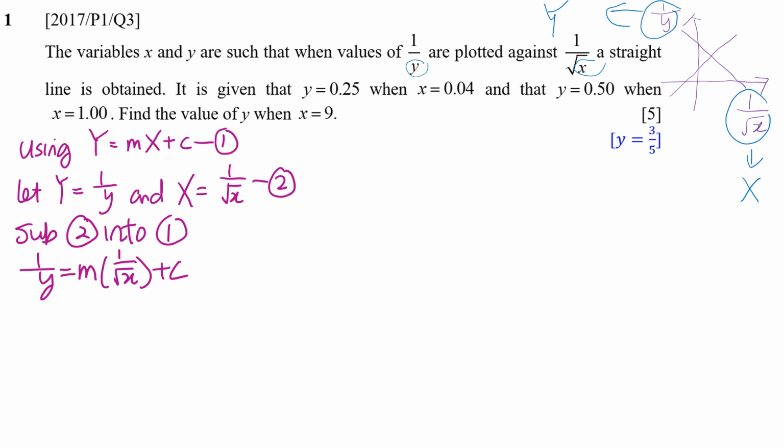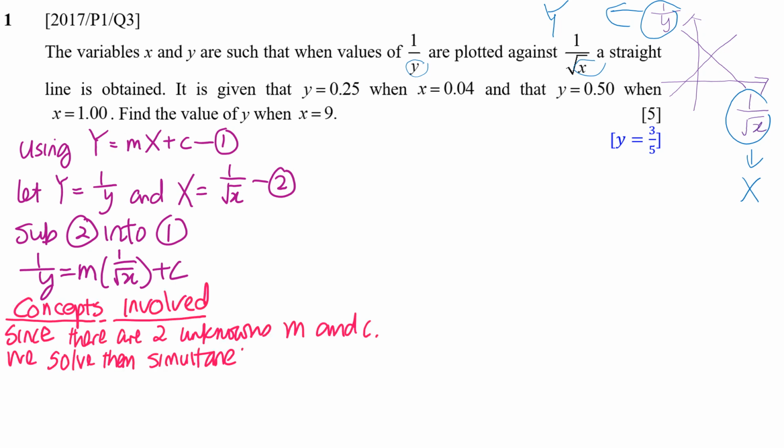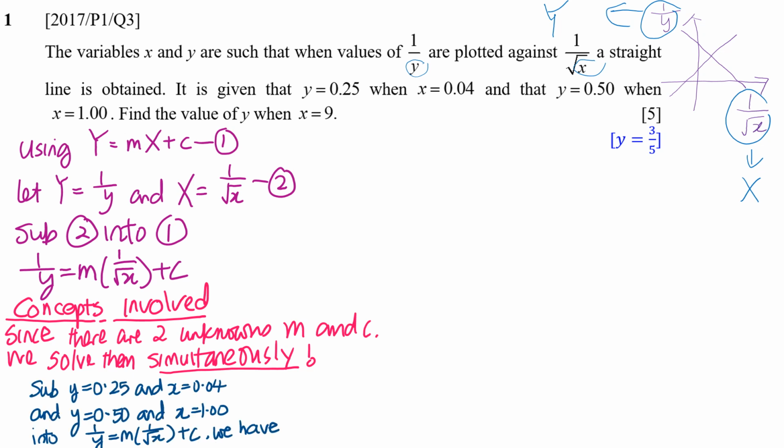That is the reason why you're given two sets of data, so that you can form two simultaneous equations. All right, so that forms the first one. Okay, so we're going to substitute both sets into the equation.